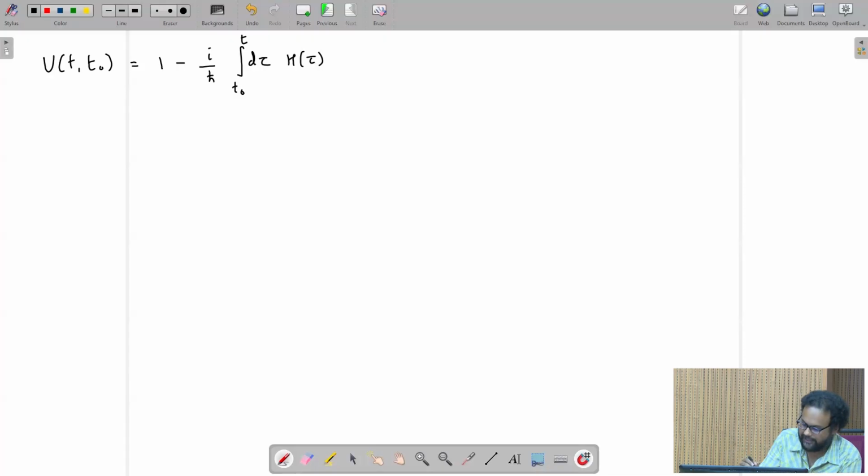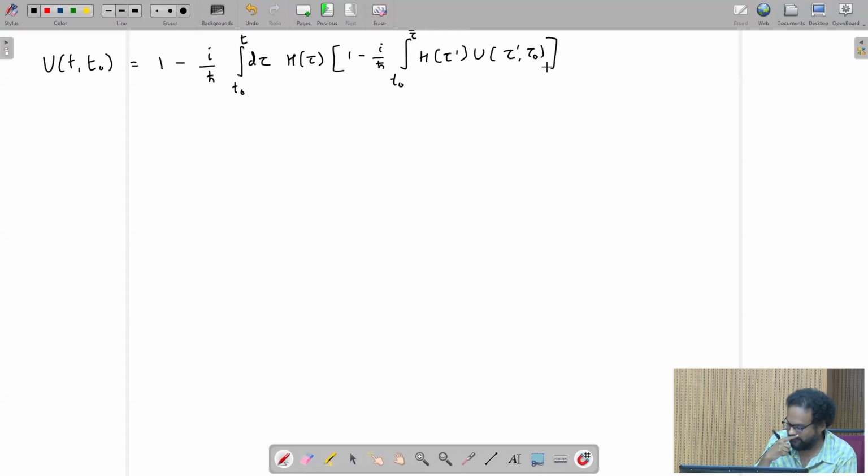I'm going to expand out U of tau inside again, so it will be 1 minus i over h cross integral t naught to tau, d tau' H of tau' U of tau', t naught. Again, that didn't help us in any way, because again you're left with U.